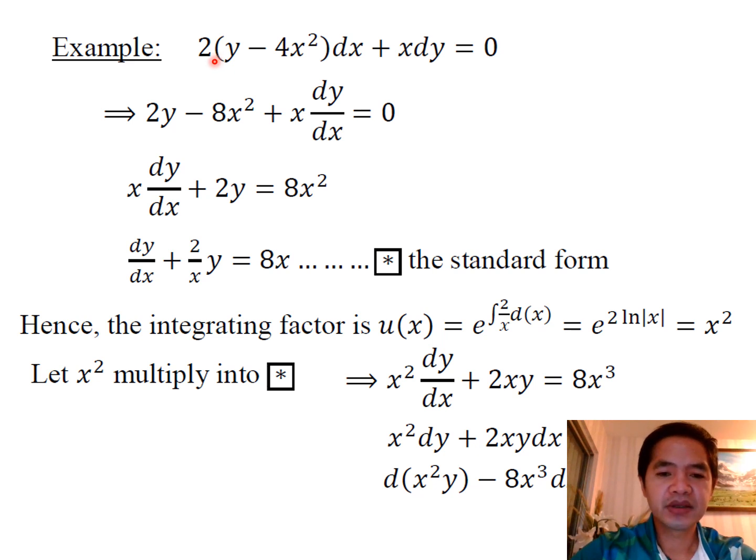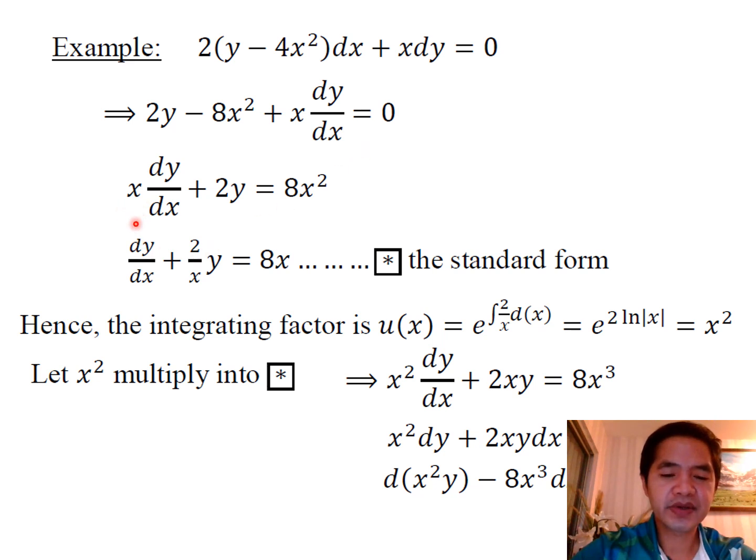Okay, let's do it. First you multiply by 2 and then divide by x, and you can get 2y minus 8x squared plus x dy over dx.